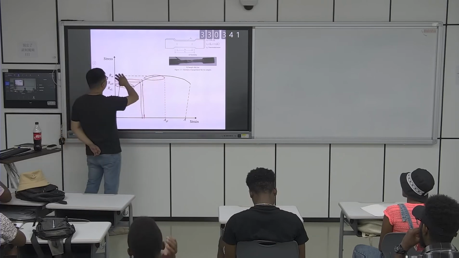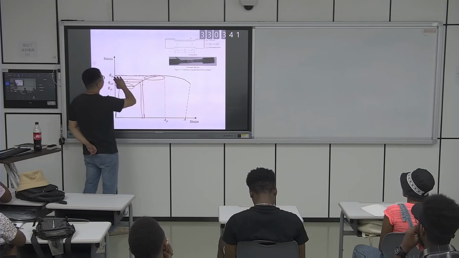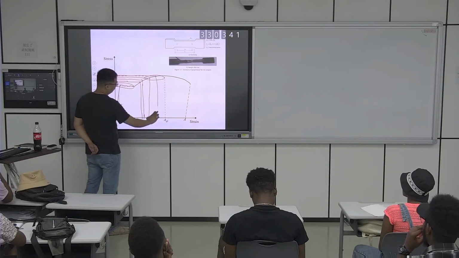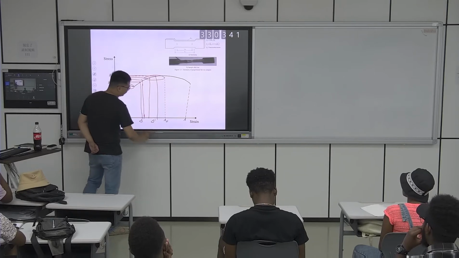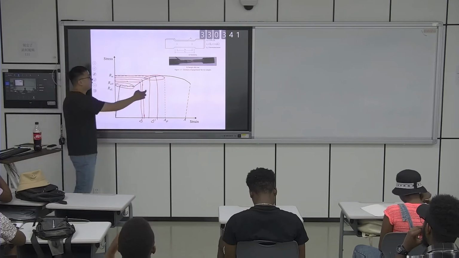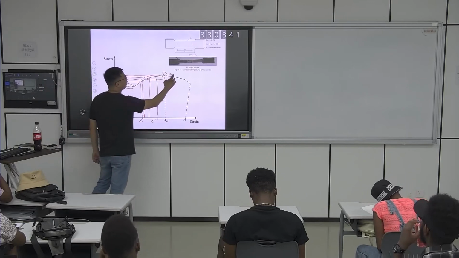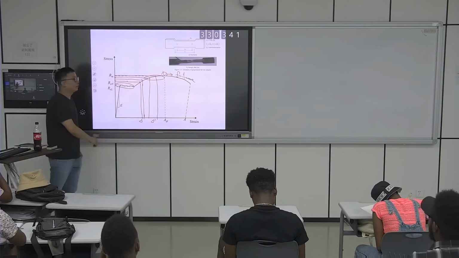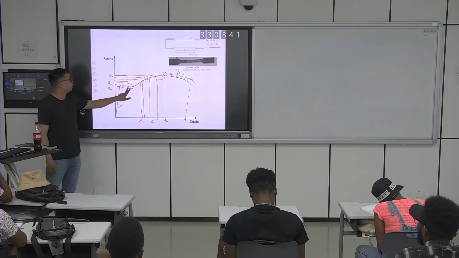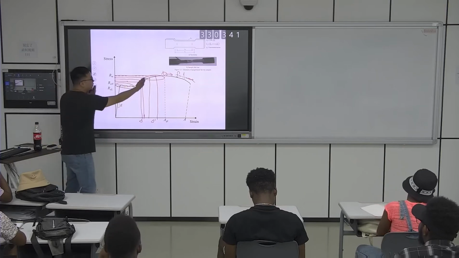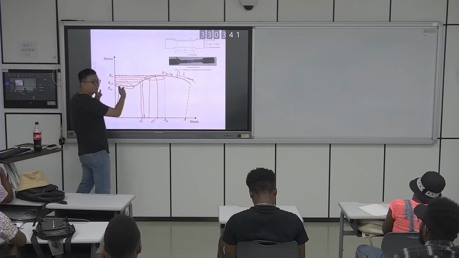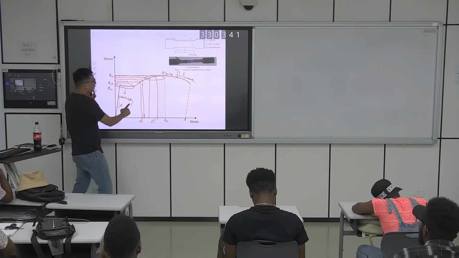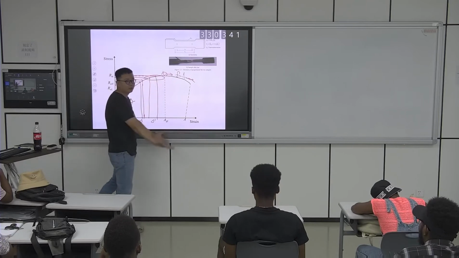But for here, the same force will produce such deformations. That means normally we determine this point as a yield point, right? Because this one has a large deformation, and then it again has a new strength. This is the first warning for you. And in this part you will lose everything. Clear?